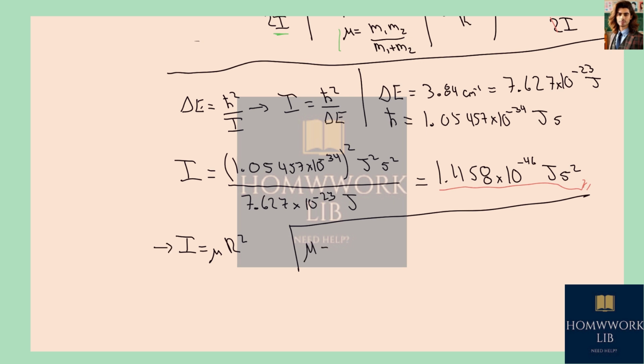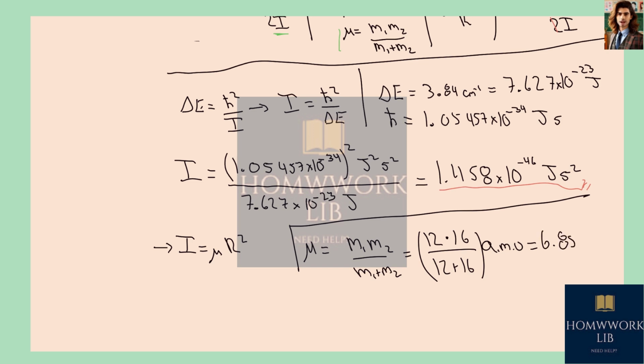But first, we need to calculate the reduced mass. Here, the reduced mass is m1 m2 divided by m1 plus m2. Thus, in the case of carbon, this is 12, for oxygen it is 16, divided by 12 plus 16. And this is in atomic mass units. The result that we're going to end up with is 6.857 atomic mass units.